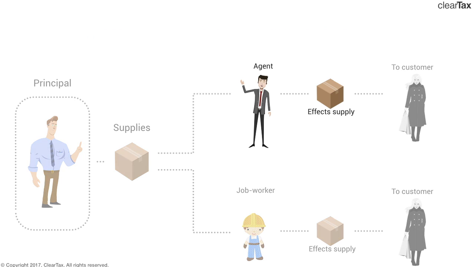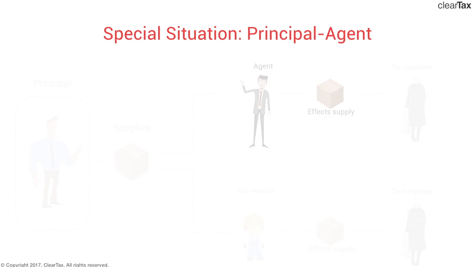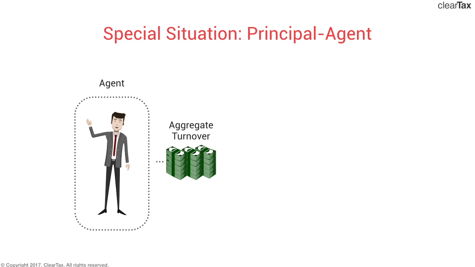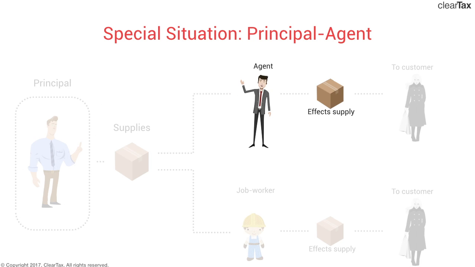In the first situation, where the agent supplies goods, this supply would be added onto the aggregate turnover of the agent. This means that for an agent, the aggregate turnover would include all supplies made by that taxable person, whether on behalf of his principal or on his own account. Both these supplies would be included.